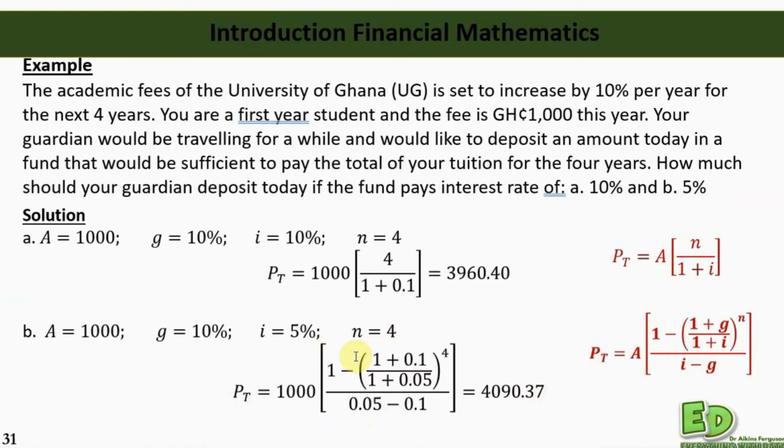So you can take this, find the value of the numerator, get the answer, divide it by 0.05 minus 0.1, you multiply it by 1,000, and that should give you the answer. So you find this, write it somewhere, you find this, you also put it somewhere. The value you had here divided by what you have here, then you multiply it by 1,000, that should give you this answer over here.